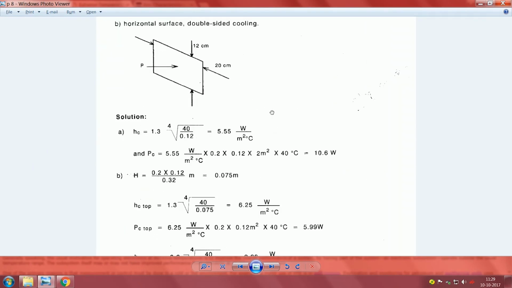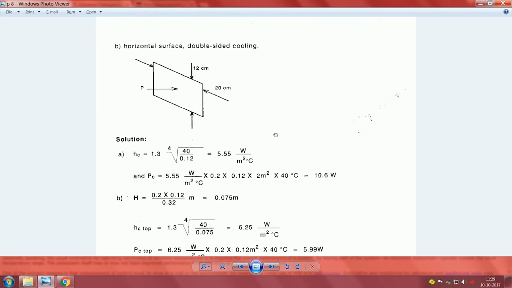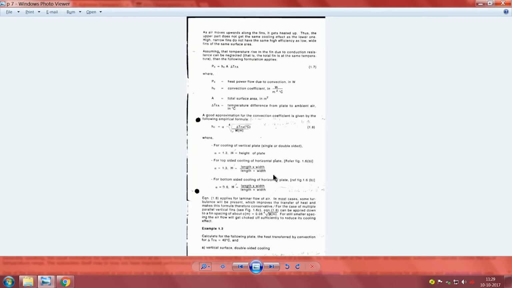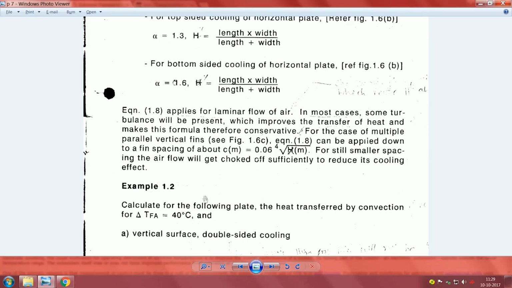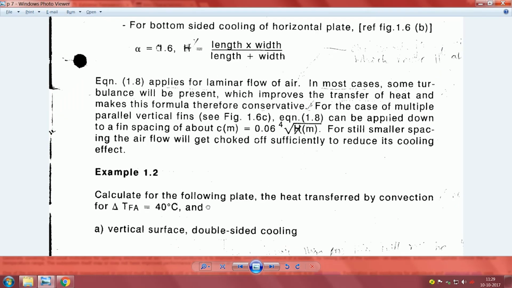So, we have a worked out example given here, for a horizontal surface. Calculate for a vertical plate the heat transferred by convection when the differential between the ambient and the surface of the heat sink is given, saying it is around 40 degrees, which is typically what is likely to happen. In the standard temperature conditions we have 25 degrees. So, the plate can be at 65 degrees, but generally it is a little elevated temperature.